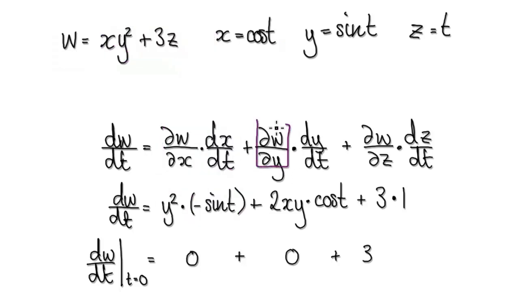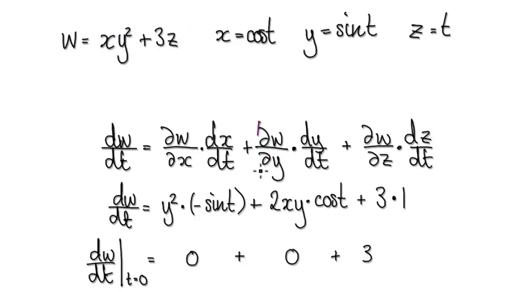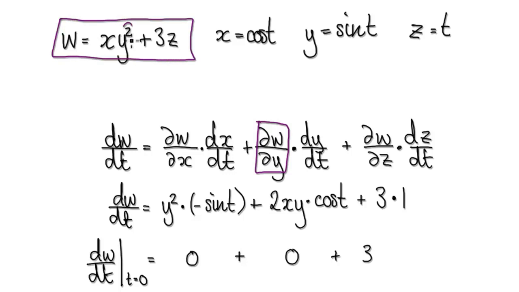And now let's look at this bit here. We've got to look at this and differentiate it with respect to y. So x will be a constant, z will be a constant. So when you differentiate this with respect to y, the 2 will come down, so that will be 2.